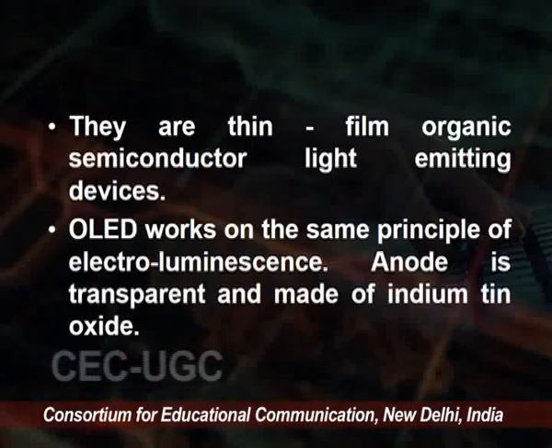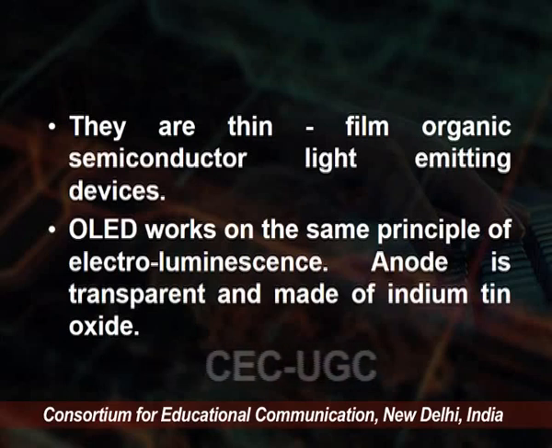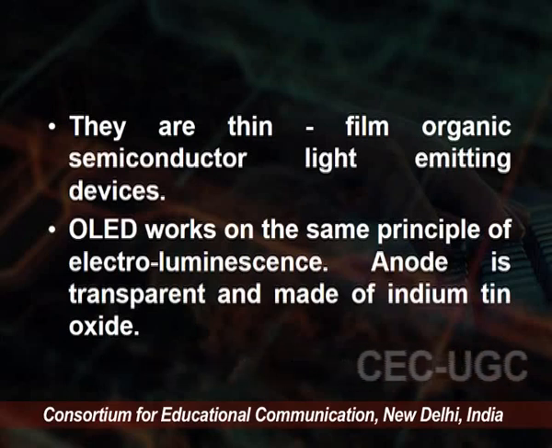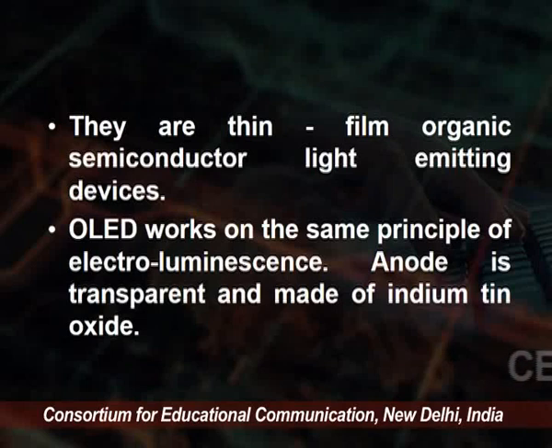So an OLED consists of two thin films of organic materials and two conductors, and the electric current is applied to get the brighter light or to emit the light. They are very thin film organic semiconductors, and these are light emitting diodes, light emitting devices.